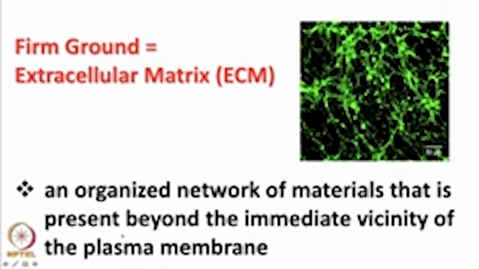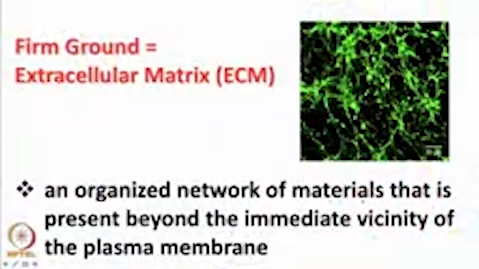Similar to the experiments with gamma sarcoglycan deficient cells, you can very well imagine that if I have a cell sitting on this matrix which is exerting a lot of forces that this matrix is unable to support, that will lead to collapse of the cell or detachment of the cell. So, the properties of the extracellular matrix, not only the chemical properties but also its physical properties, are equally important.